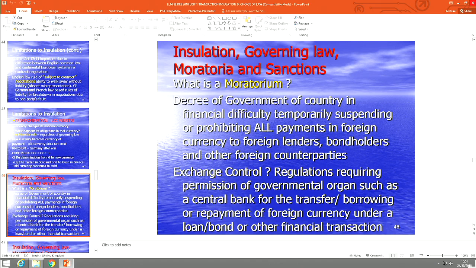Now, if you think about it, if you're doing a transaction in Kazakhstan today, anybody from Kazakhstan? No Kazakh lawyers. Okay. Say you're doing a mine financing, a gold mine financing in Kazakhstan for Kazakhmys. Well, you can't just walk in there and say, hi guys, here's $400 million and 500 million euros. You can't. For Kazakhmys to borrow that money, it needs exchange control permission.